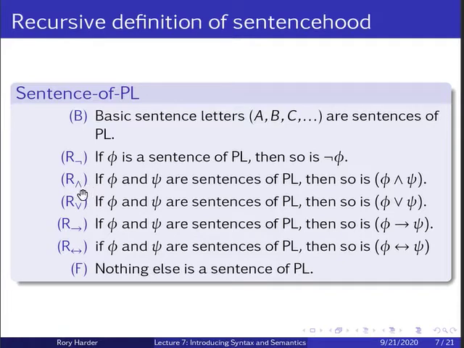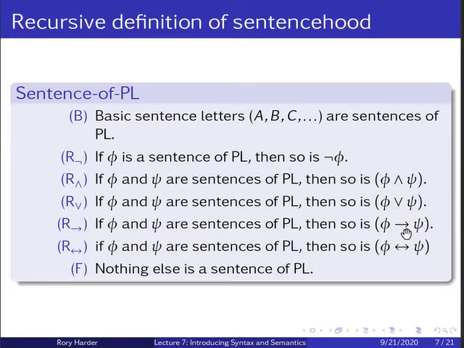Similarly, with the rule for conjunction, it says that if phi and psi are sentences, then so is phi and psi. So if for any two things you have, phi and psi, that you can show are sentences of your logic, then you can put them together with the conjunction sign. And similarly for disjunction, if you have two sentences, phi and psi, then you can put them together with the disjunction sign in between them.